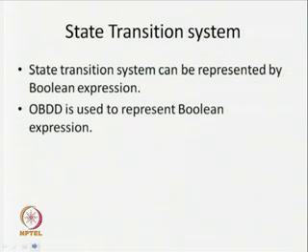Already we have seen how to represent this state transition system with the help of a Boolean expression. This is nothing but the combination of all those transitions, and once we have that Boolean expression, OBDDs can be used to represent it. That means, eventually, OBDDs can be used to represent the state transition diagram.